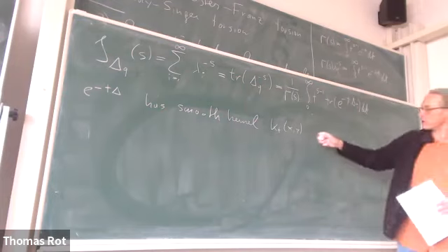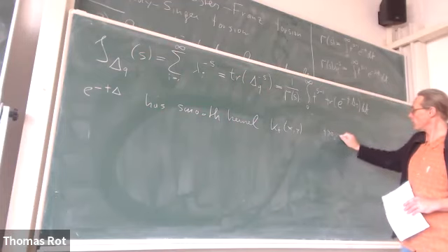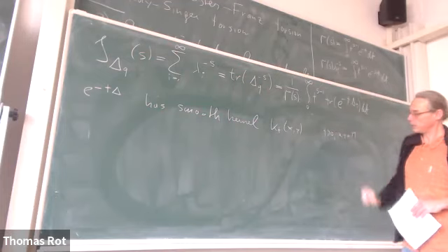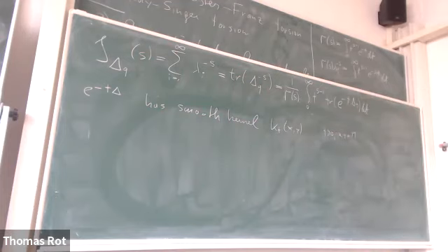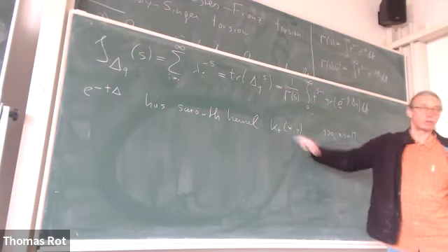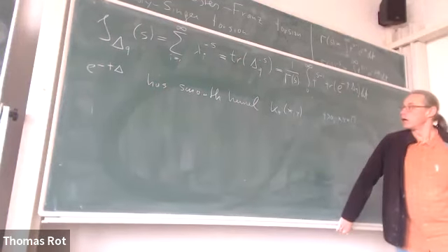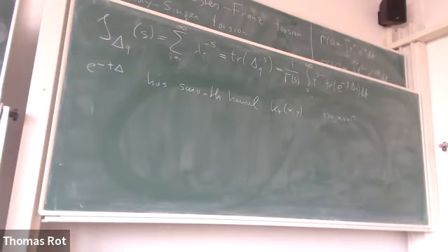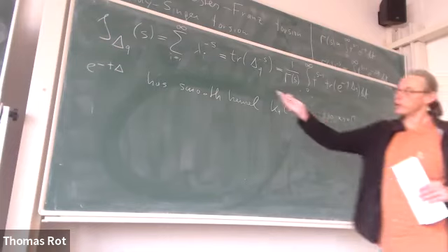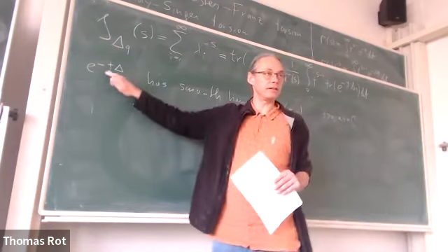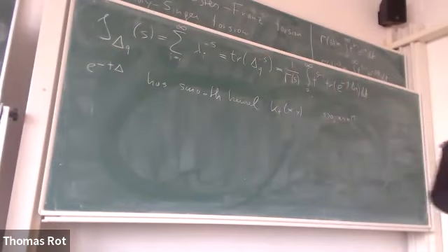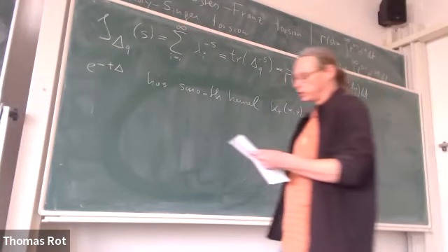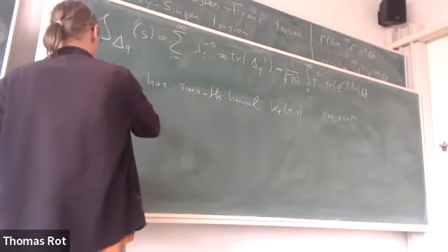For t larger than 0, x and y in the manifold M, that's a smooth kernel. It's a smoothing operator, but it's also smooth in t. And as t approaches 0, this operator weakly converges to the identity, which of course is not a smoothing operator, it's very singular. But we do have an asymptotic expansion for the heat kernel along the diagonal.